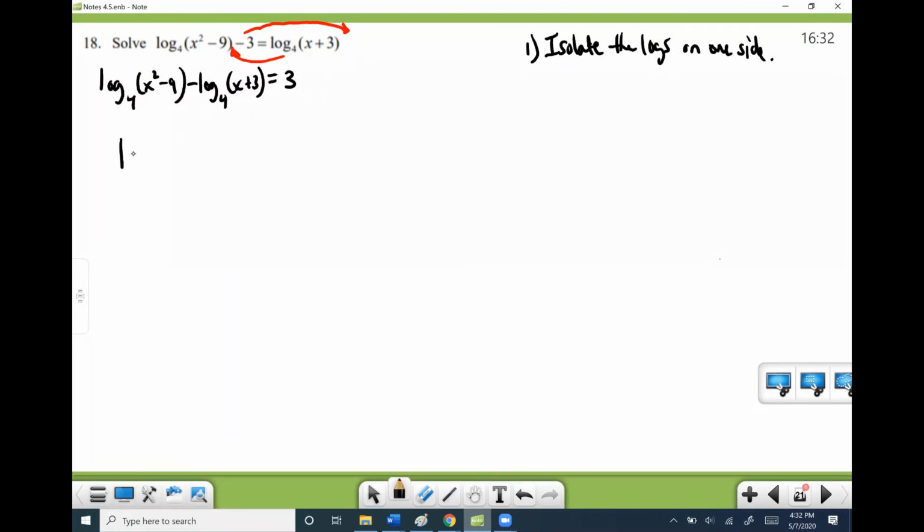Okay, so step 2, condense using the properties. It's going to be log base 4, the first number on top and the second number on bottom.